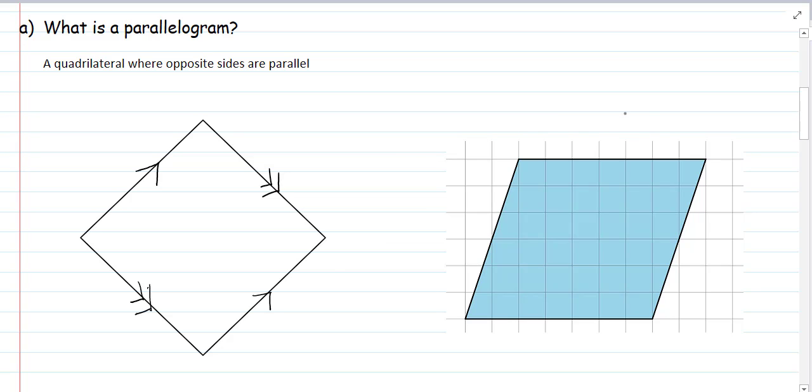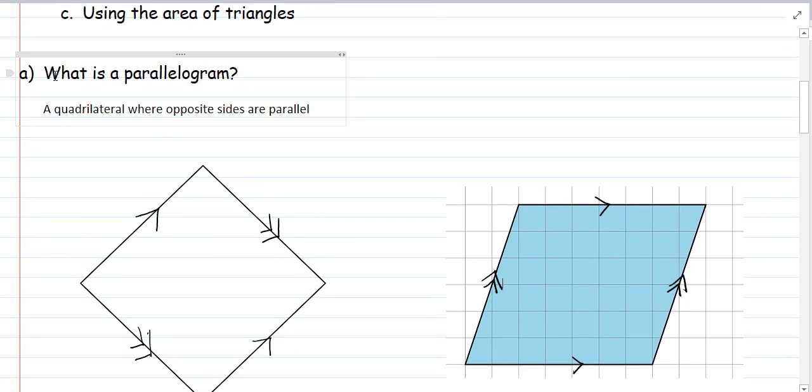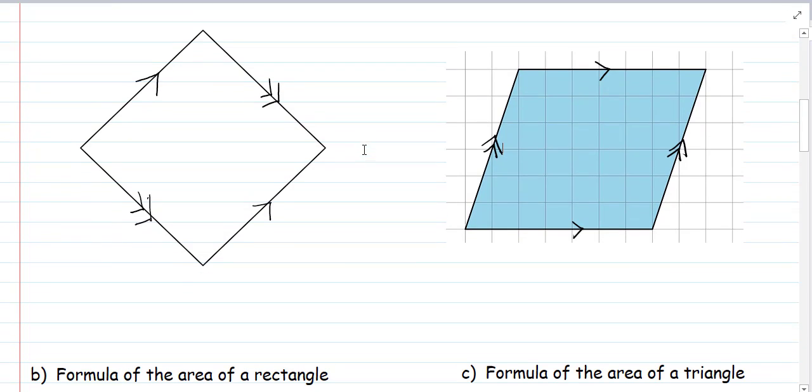In this figure also, these two are horizontal lines, which means they are already parallel. These two are slanted, but they are parallel too. Hope you got that idea. So now we have identified the parallelogram.